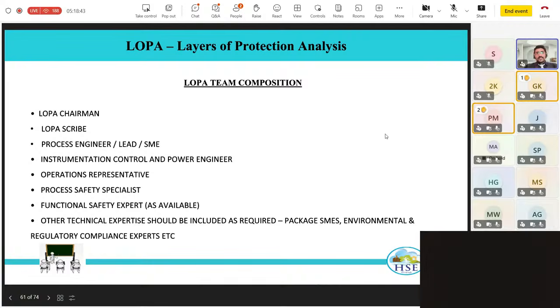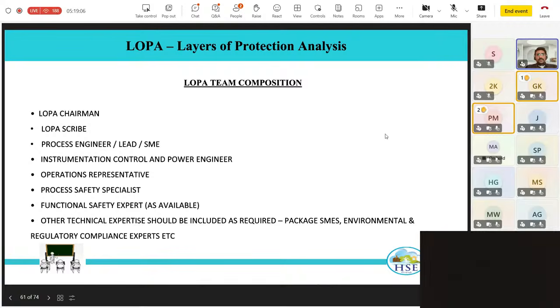That is very specific to a client. That is why I insist that you need to have a process safety specialist of the client or the EPC as part of the forum, otherwise you go ahead with generic standards, which may not suffice for their conservative approach. So essentially, it is good to have a process safety specialist from the client side on call for a HAZOP as well as a LOPA.